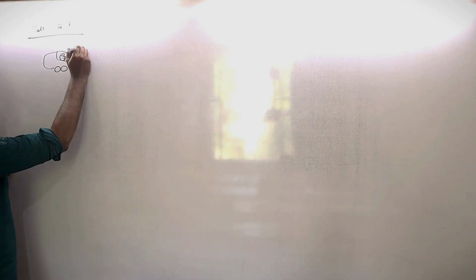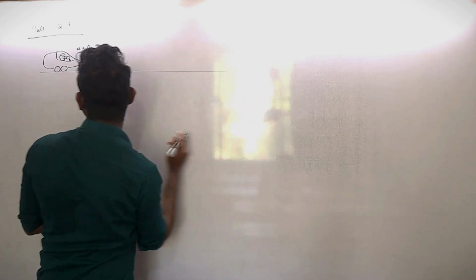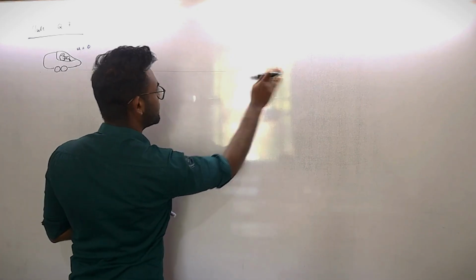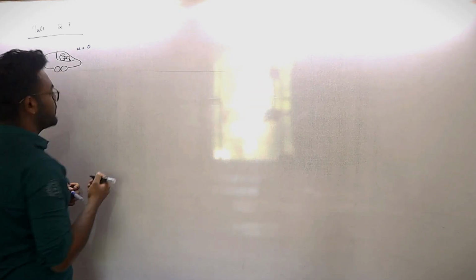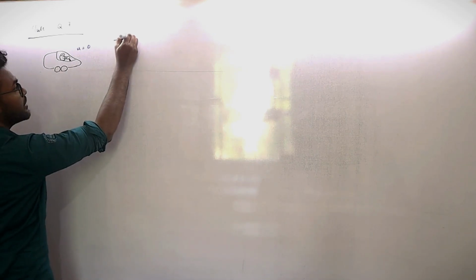And starting from rest means you could mark the initial velocity. What should be the initial velocity here? 0, yes. Started from rest. Maybe I'll just not draw the road. Starting from rest, moving with constant acceleration in this direction.